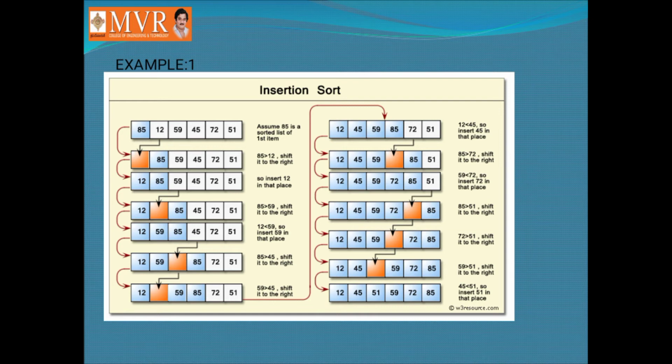So in this process of comparison, I compare my element with the element at the right side as well as the element at the left side to see if they are in order or not. After all the steps are performed, we get a sorted list.